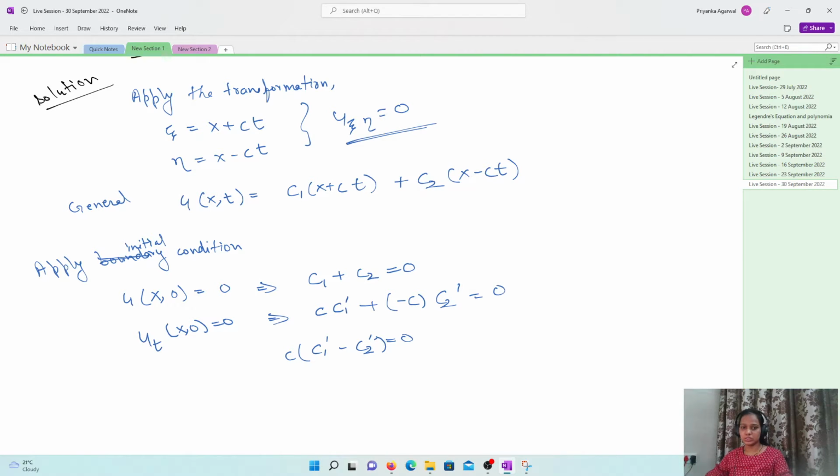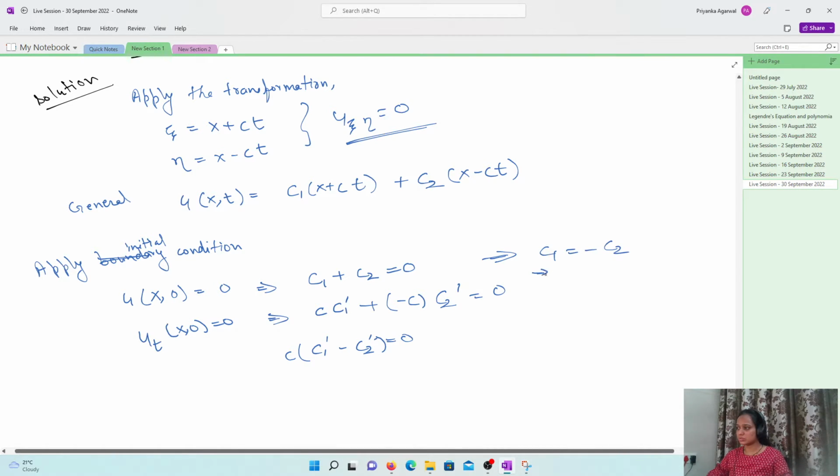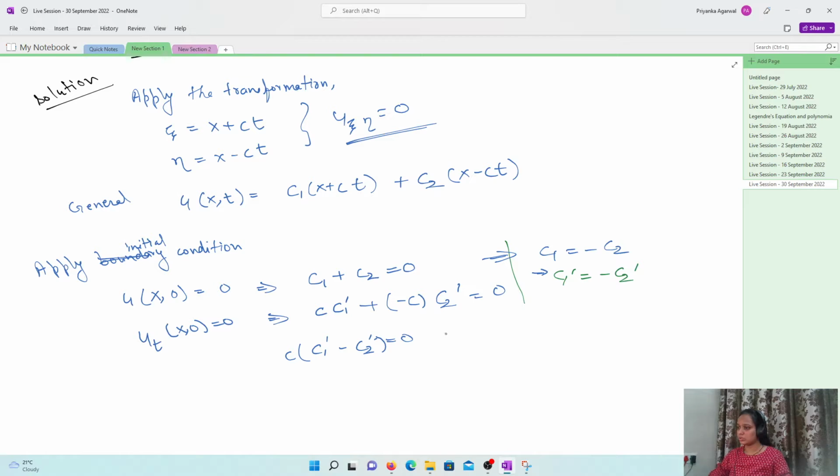Now we have to solve these and get the solution for the general solution, u(x,t). So in this case, c1 is minus c2, and then c1 prime equals minus c2 prime, and then it becomes c1 prime plus c2 prime equals 0.